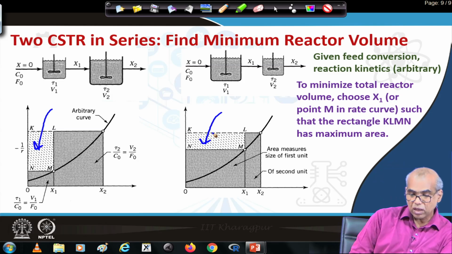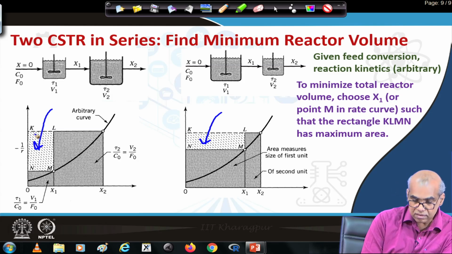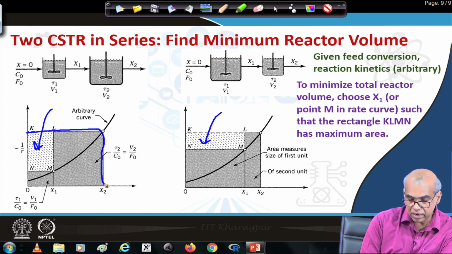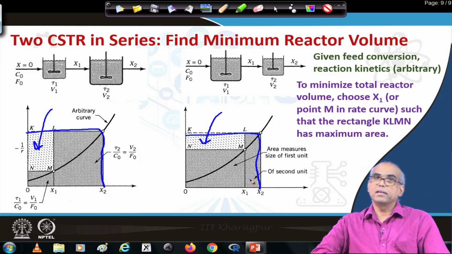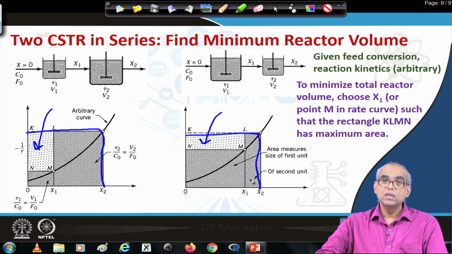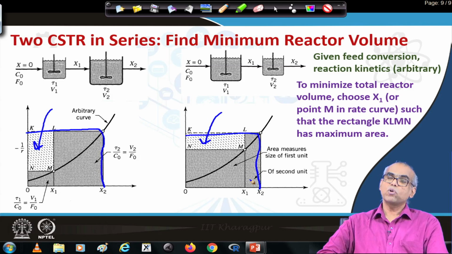Why so? Because note that in both the cases this area is identical. So, to get the minimum total volume, we have to subtract a rectangle KLMN with maximum possible area.